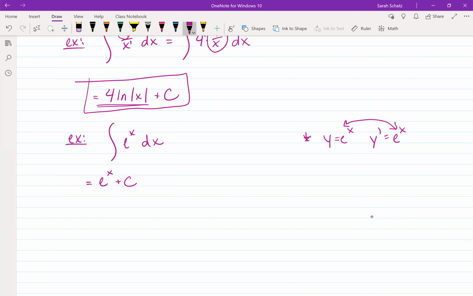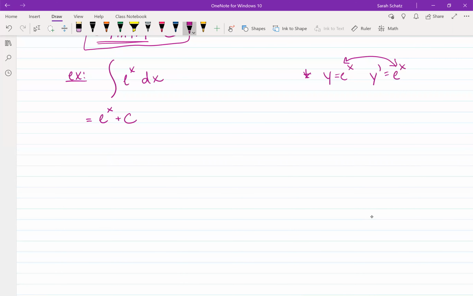Now, when it's more than just an x in the power, we have to think a little harder on it. So for example, if I've got e to the 3x dx. Now, for some reason, the e to the x problems are really hard to break the habit of taking the derivative.